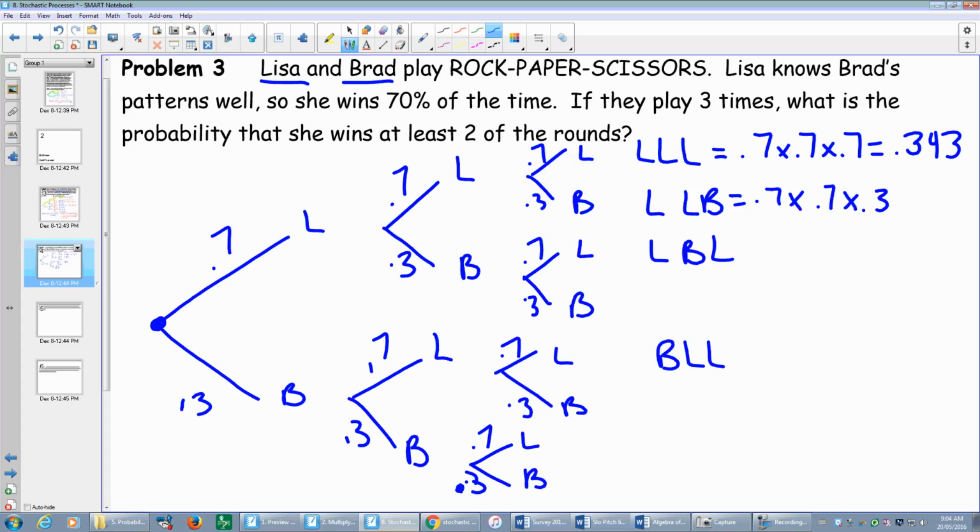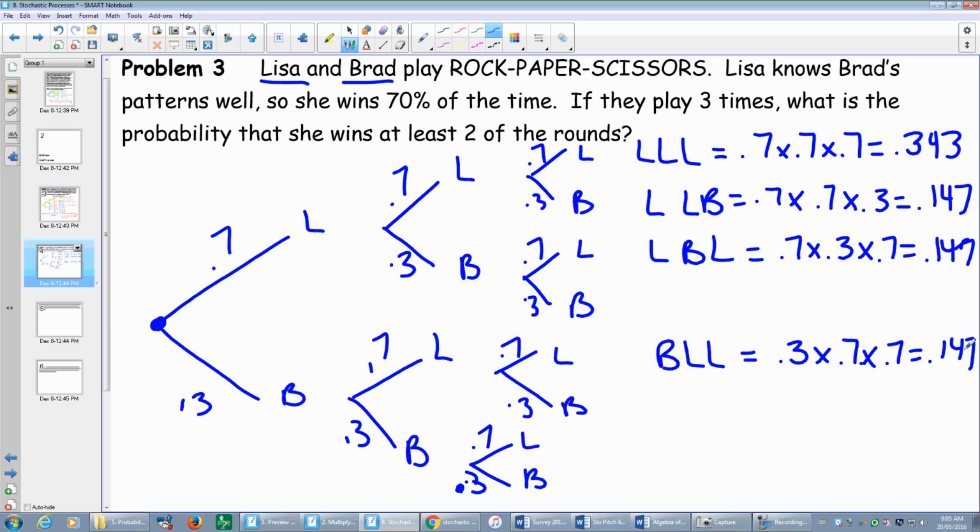Which gives me a probability of? Very good. And Noah, do the next one for me. Very good, which gives me the probability of what? Very good. And my final case here, Mitchell? Which gives me?